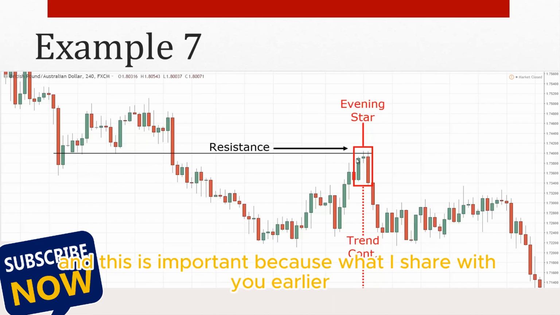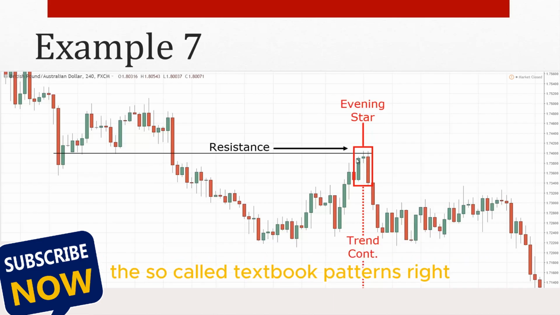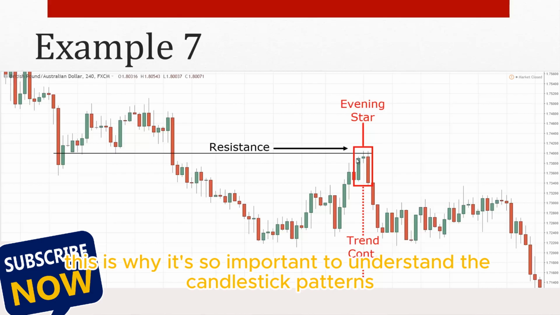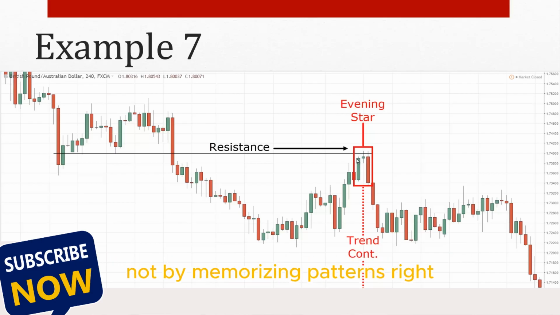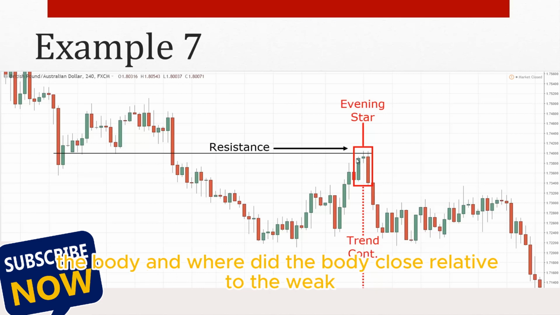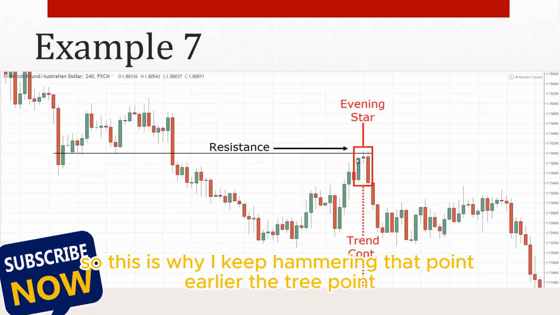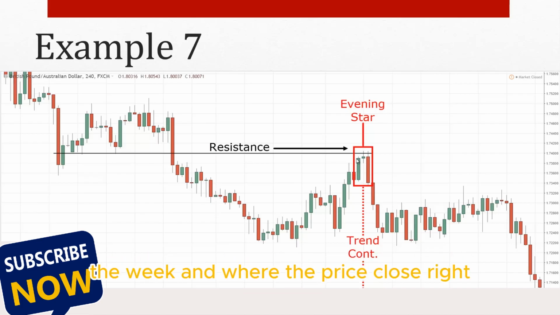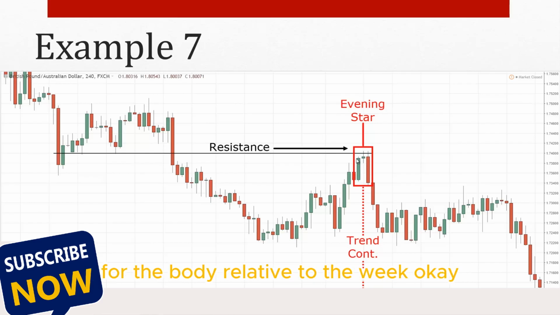And this is important because what I shared earlier, the so-called textbook patterns, always have variations in the live market. So this is why it's so important to understand candlestick patterns not by memorizing them, but by understanding what each candle means by looking at the wick, the body, and where the body closed relative to the wick. So this is why I keep hammering that point earlier: the body, the wick, and where price closed relative to the wick.